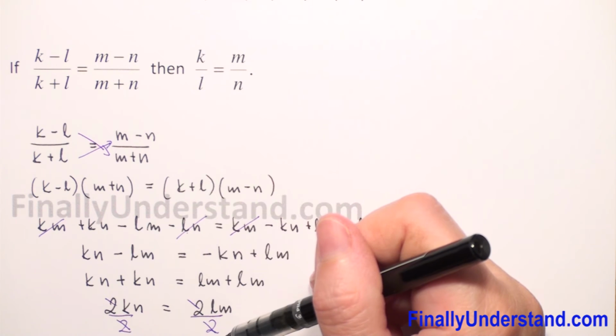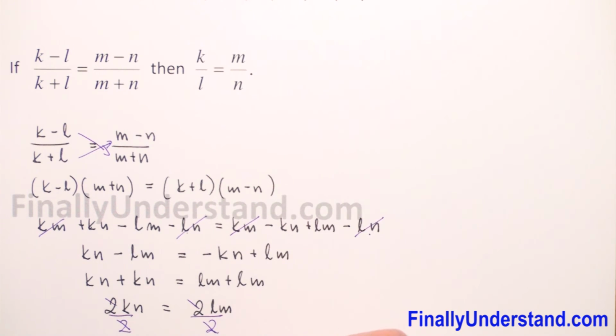So what I will do next, because we have l on the right, and we have multiplication here, I will divide both sides now by l, and we see that on the right side we can reduce, and we have kn over l is equal to m over 1. What next will I do?